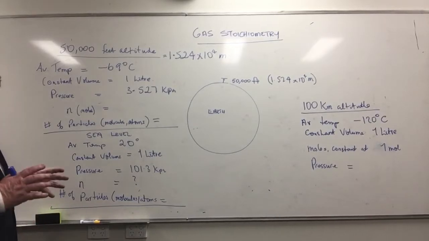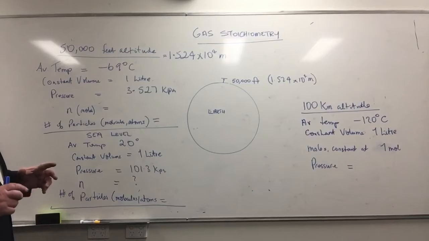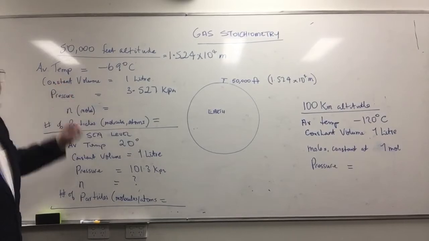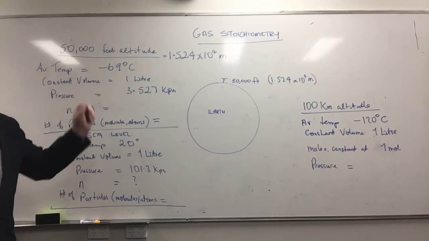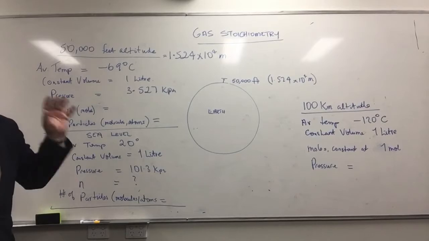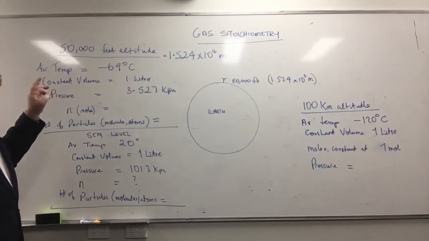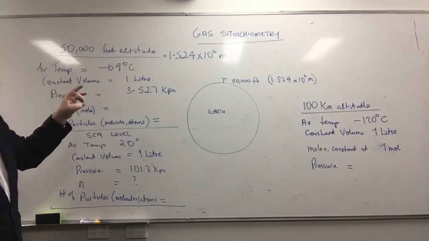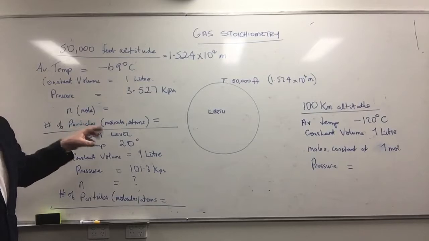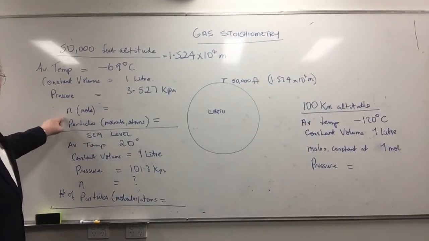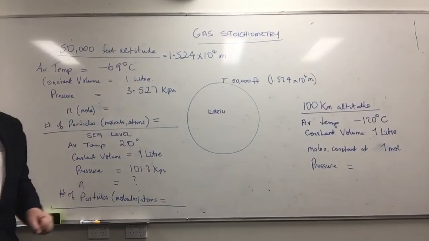Okay, so we're saying for 1 litre, we want to find out how many moles of gas would be in this 1 litre at this height. If we were to take a sample of the atmosphere at 50,000 feet or 15,240 meters, how many moles would we expect to have in that 1 litre?